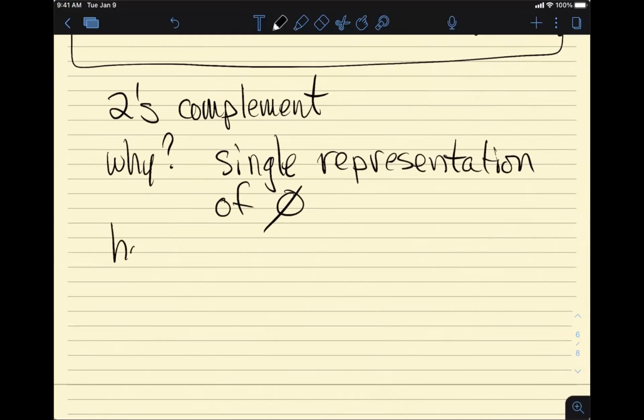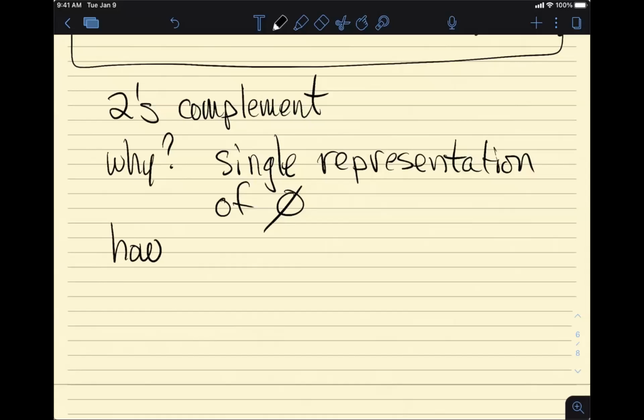But what's interesting here is converting to 2's complement is exactly the same as converting from 2's complement. So the same operation will undo itself.